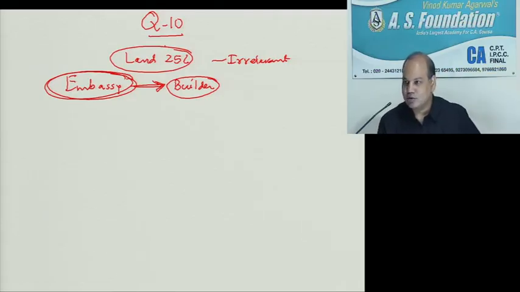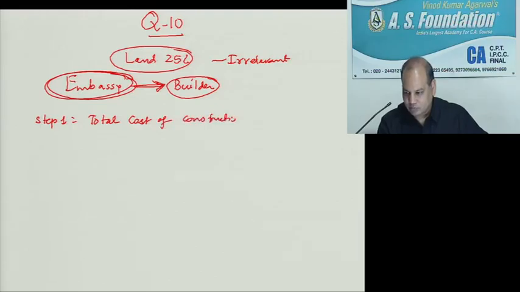So what is the total cost of construction and registration? Four lakh for one flat, and for 6 flats, into 6, 24 lakh.